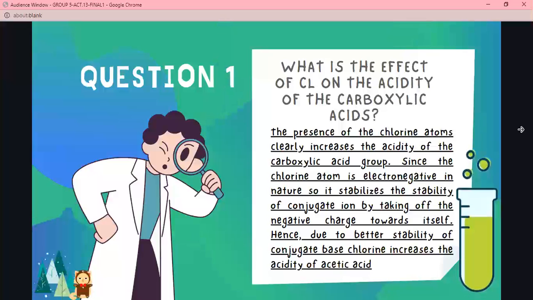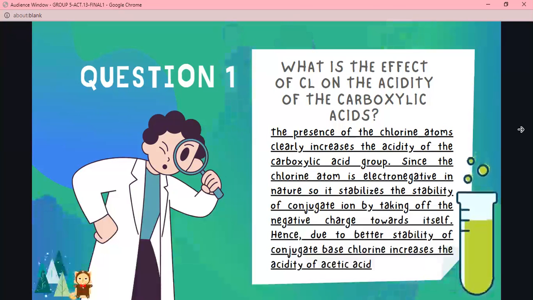And for the follow-up question, what is the effect of chlorine on the acidity of carboxylic acid? The presence of chlorine atoms clearly increases the acidity of the carboxylic acid group. Since the chlorine atom is electronegative in nature, it stabilizes the conjugate ion by taking the negative charge towards itself.